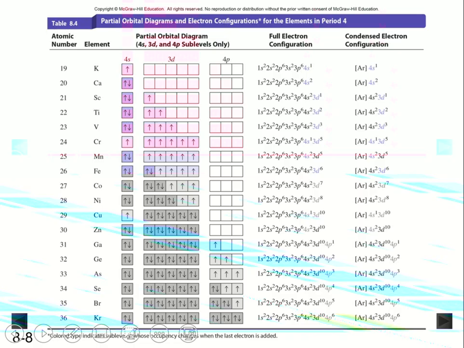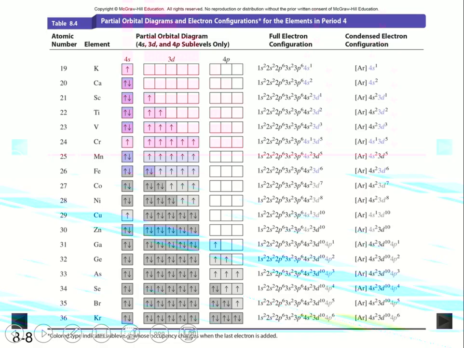The rationalization for this is that a fully filled d subshell creates a more stable configuration, and to the extent that one can do that, we see that happens. While it doesn't happen in nickel, it does happen with copper, and the spin of copper is consistent with a single unpaired electron, and spectral behavior is consistent with that electron being in a 4s state.